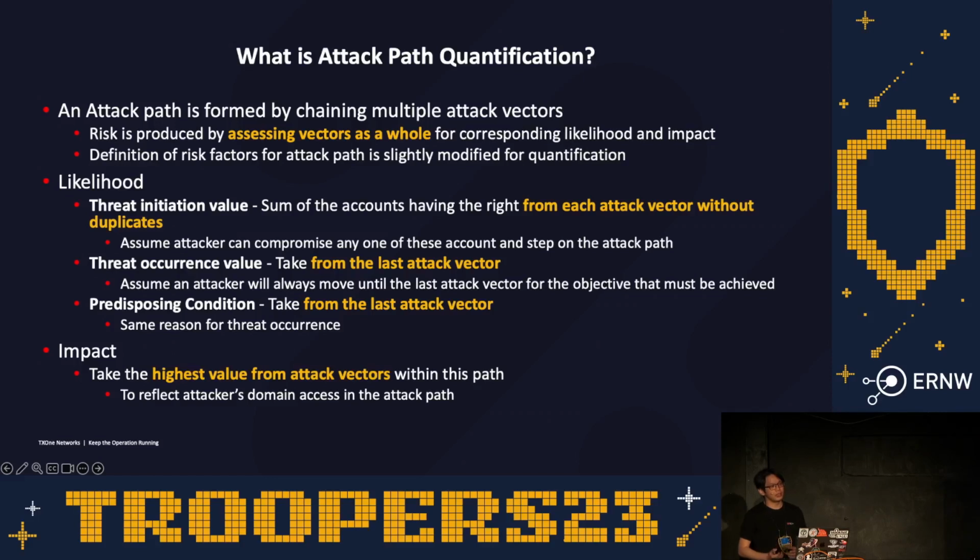The idea is that once the domain access is obtained by the attackers, it will remain there. For example, if an attacker gets administrator in the first attack vector, it just remains there and will not be removed for the second or the final one. That's why we take the highest value from the vectors inside this path.